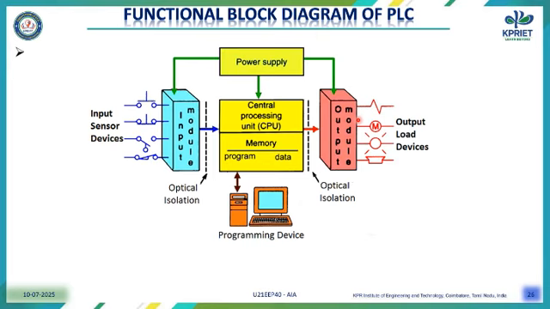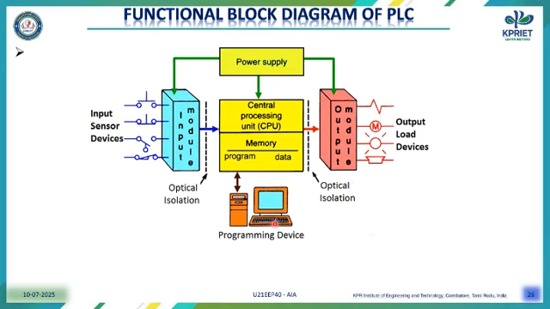These are connected through the input module to the programmable logic controller, that is, the central processing unit. Then the output is connected with the output module, which drives the load devices, such as motors, lamps and relays. That is called the output device.